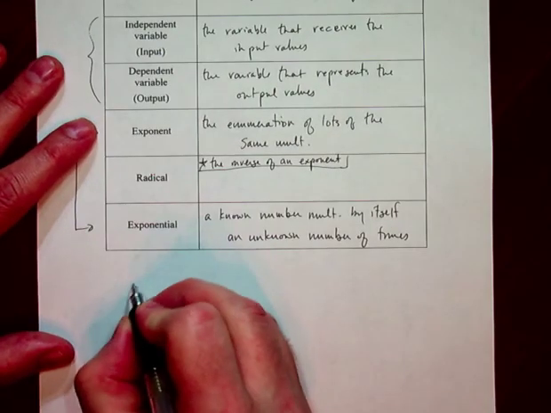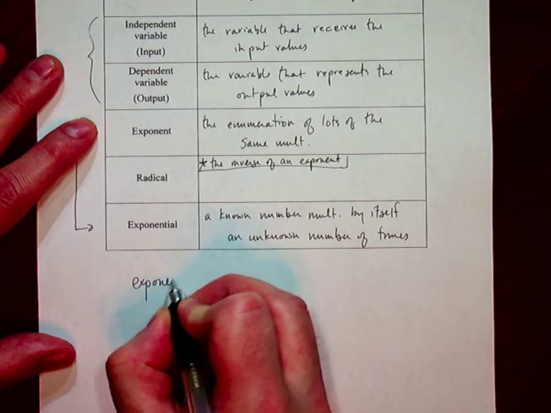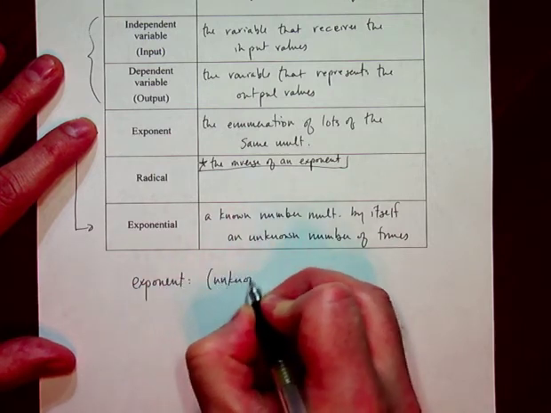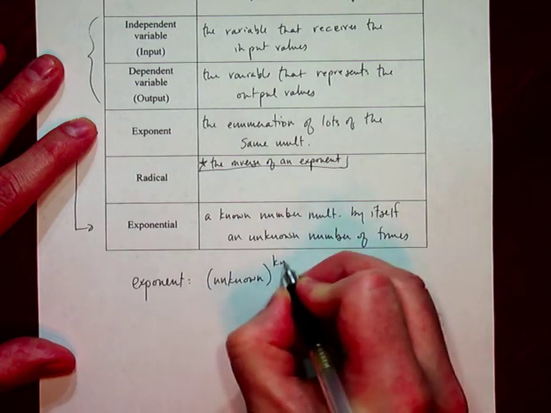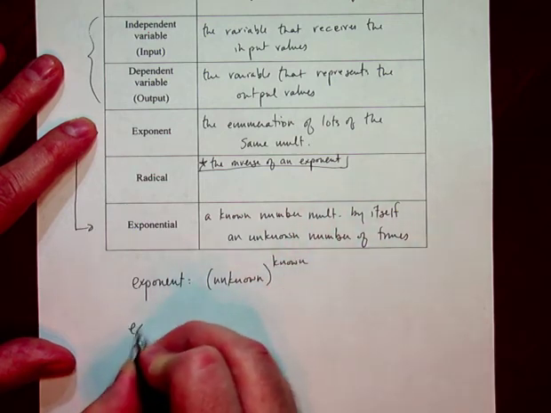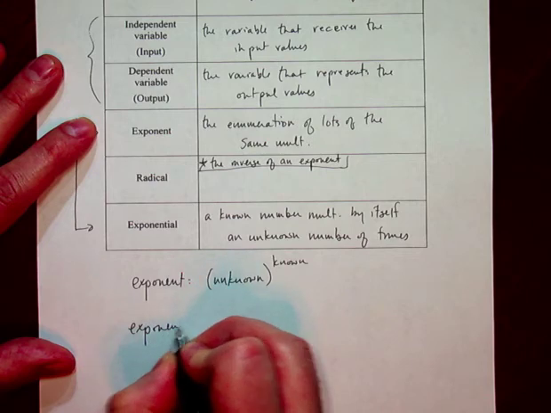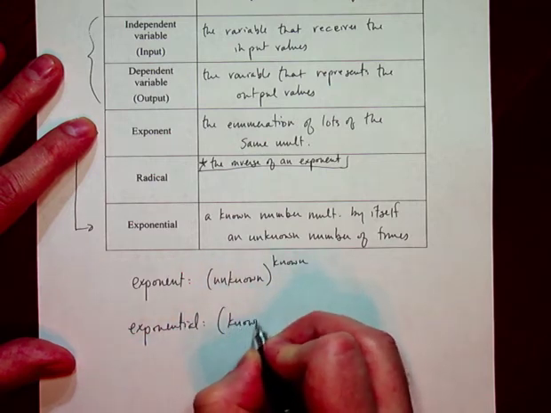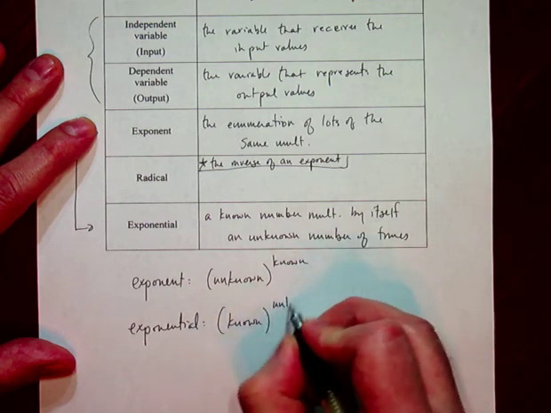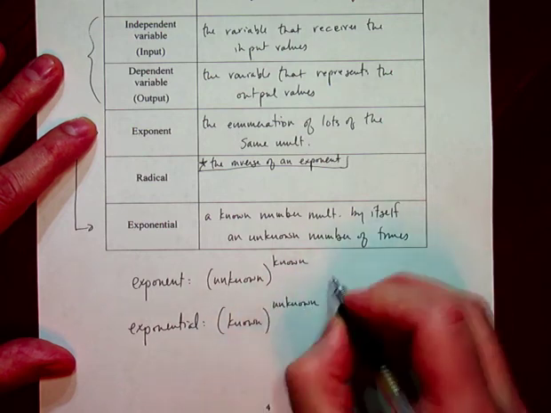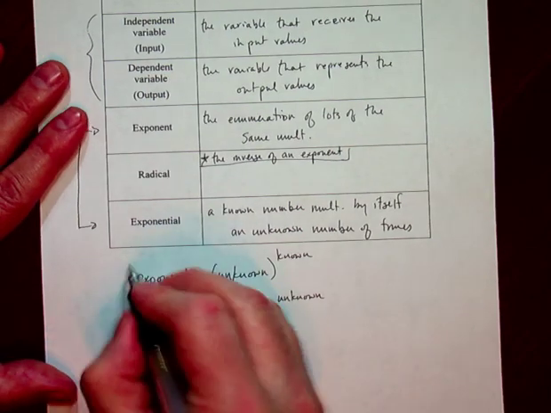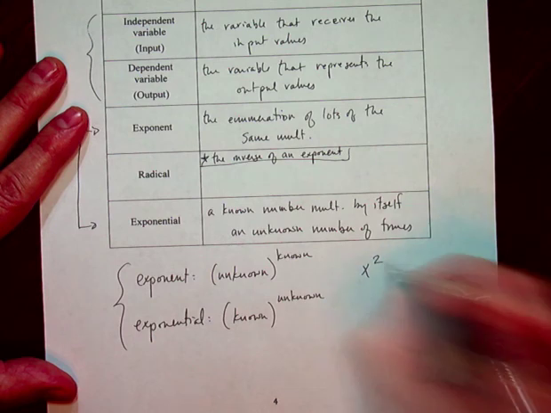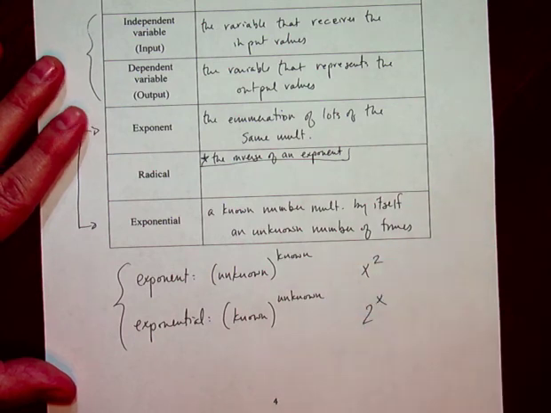So an exponent is an unknown raised to a known, and an exponential is a known value raised to an unknown, okay? And so that right there is the difference. So for example, the examples that I gave, that's x squared and that's 2 to the x.